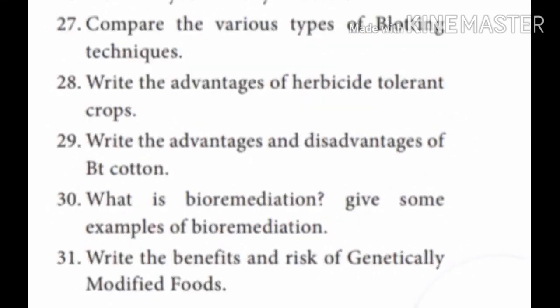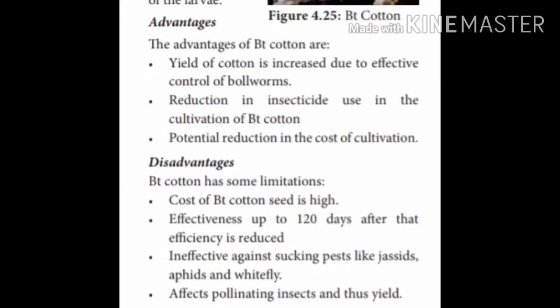Next question number 29. Write the advantages and disadvantages of BT cotton. இப்போ நம்ம முன்னாடி பார்த்தோம்ல 4.8.1. இந்த ஆன்சர் 4.8.3ல இருக்குது. Advantages 3 இருக்குது: yield of cotton is increased, reduction of insecticides, potential reduction of the cost of cultivation.